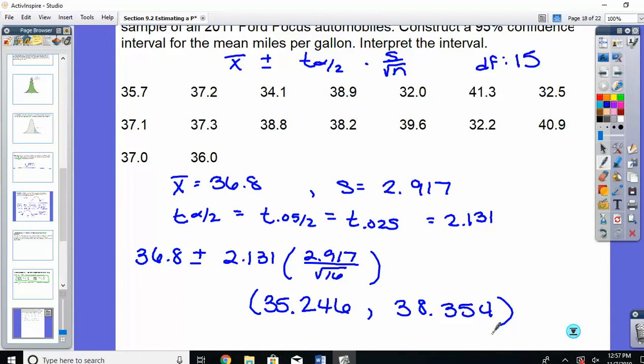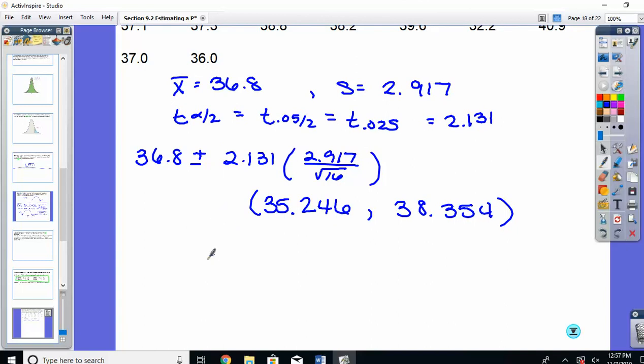So this is where work is really important. I need to know what you're using for your S. I need to see exactly how you're getting your calculations. Okay, the interpretation for this is just like when we interpret p hat.